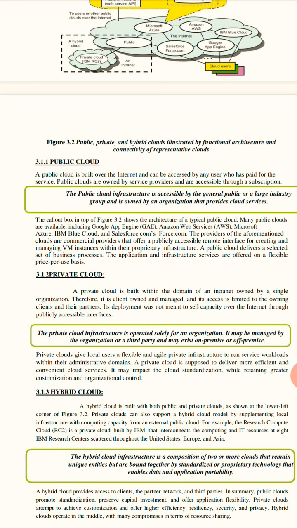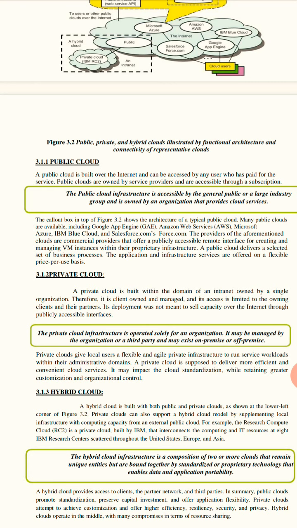In private cloud, the private cloud infrastructure is operated solely for an organization. It may be managed by the organization or third party and may exist on premises or off premises. A private cloud is supposed to deliver more efficient and convenient cloud services.